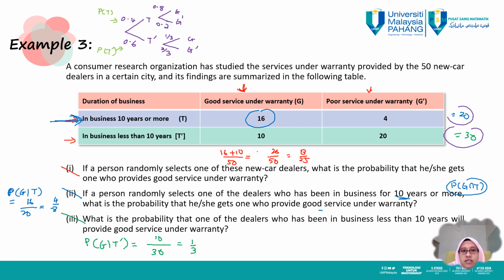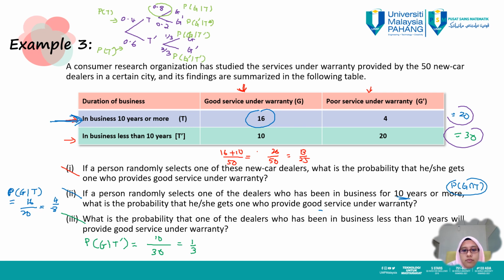This one is the probability for G given T, and this one is the probability for G given T prime. Sorry, this is G prime given T, then the next one is G given T prime, and the last one is the probability of G prime given T prime.